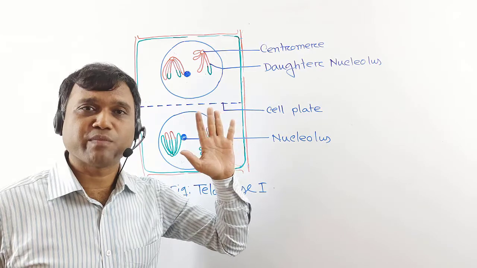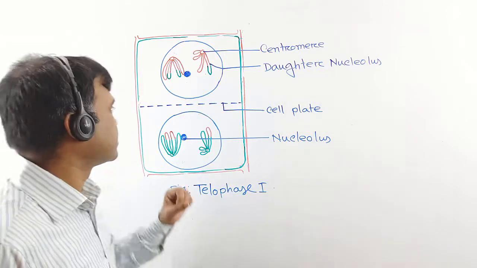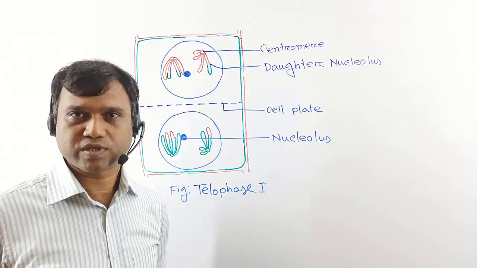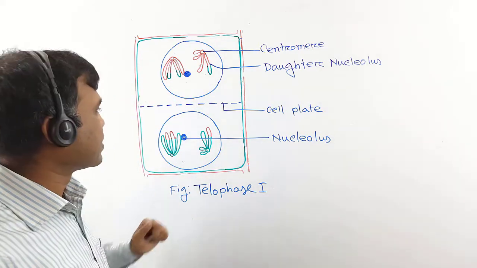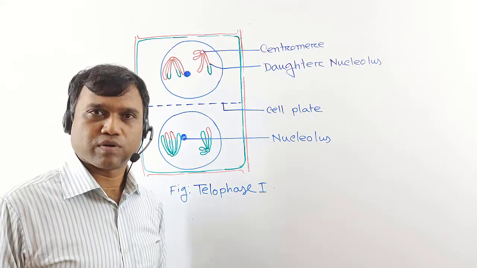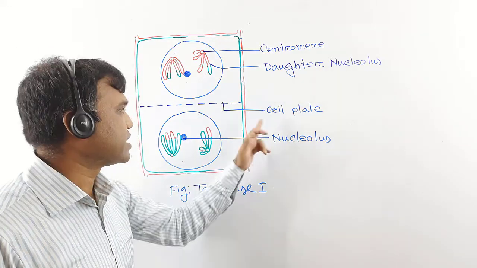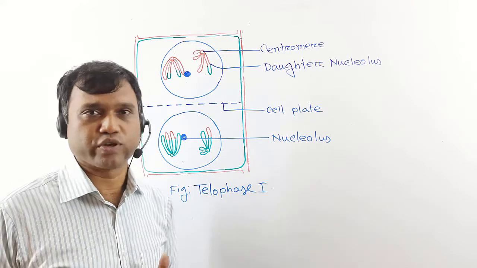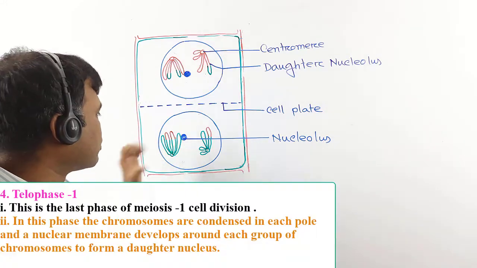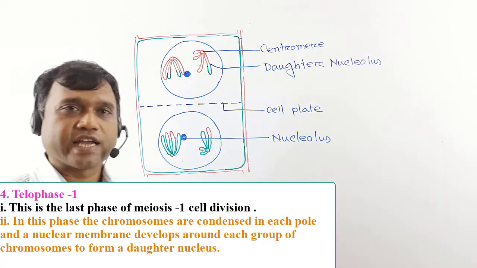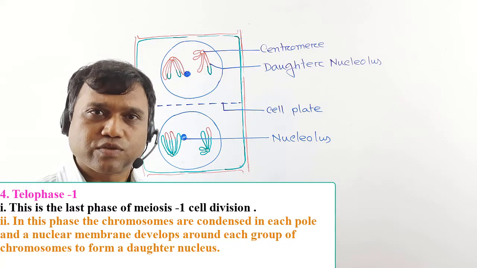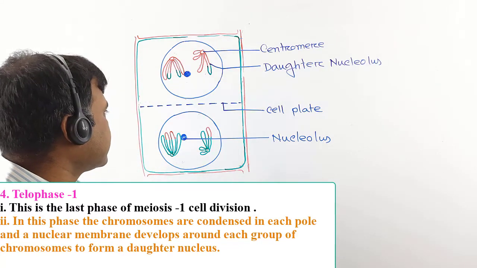That means the nuclear membrane is reproduced, and in this stage the nucleolus is also reproduced. Sometimes a cell plate is produced in the equatorial zone, but in some species this cell plate is not produced. By absorbing water, the chromosome loses its color. That means the chromosome disappears.